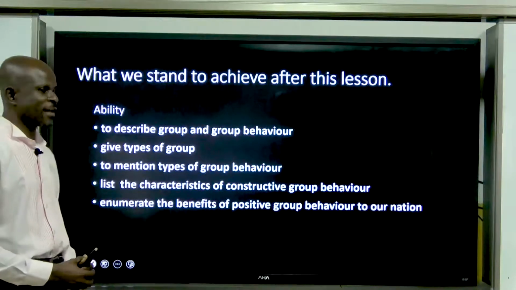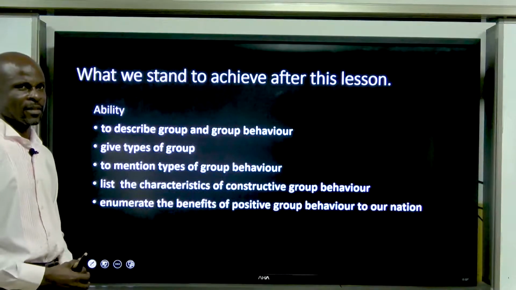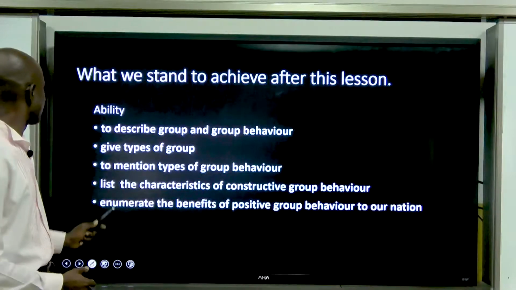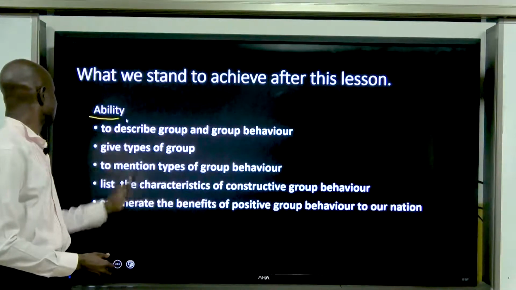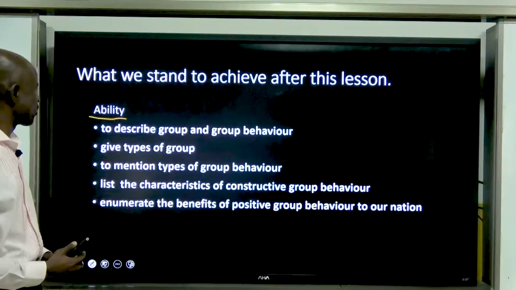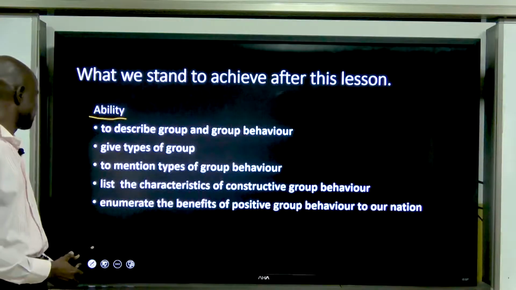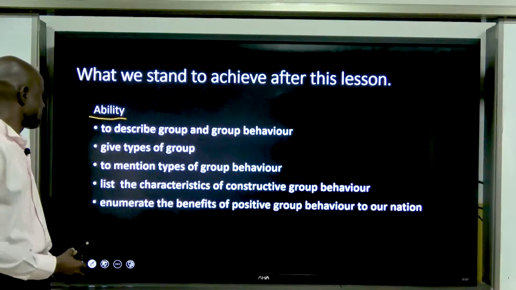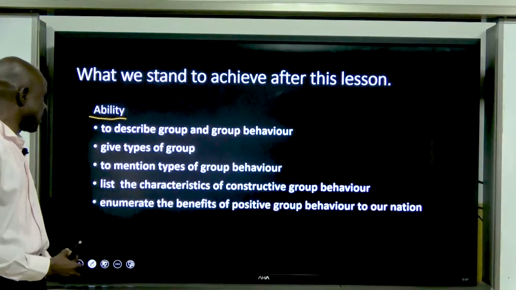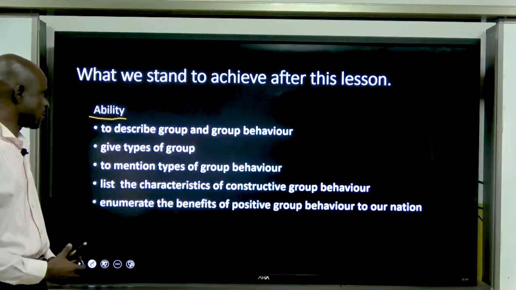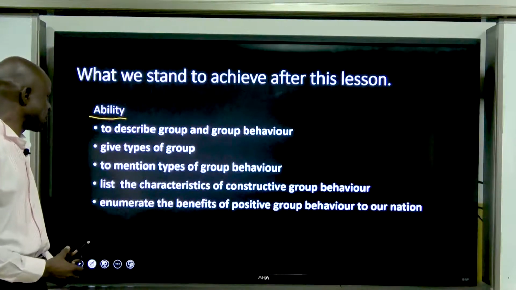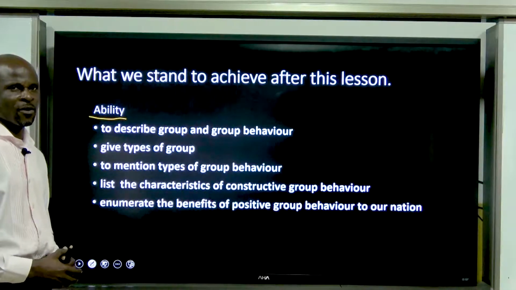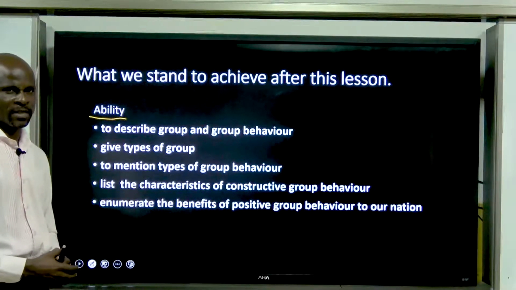What do we stand to achieve after this lesson? We stand to achieve the ability to describe group and group behavior. We'll be able to give types of group. We'll be able to mention types of group behaviors that we have. We'll be able to list the characteristics of constructive group behavior.